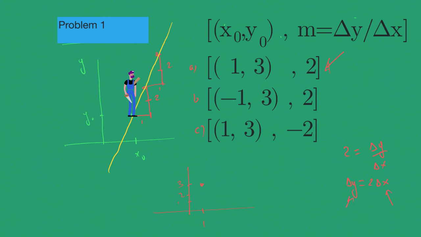So one step of 1 meter will produce a change in y of 2 meters, 4 and 5. So delta y is 2 meters when delta x equals 1 meter.